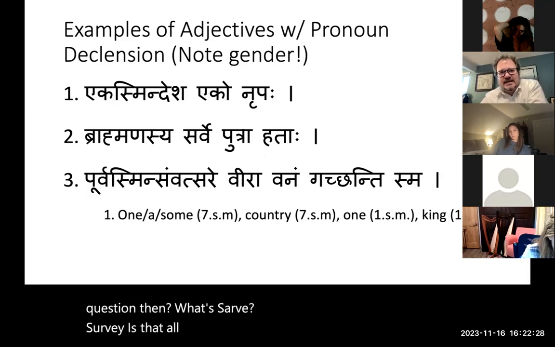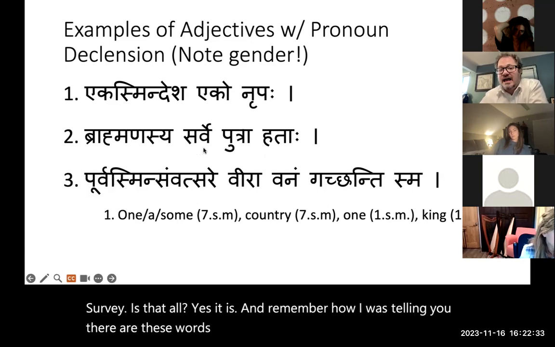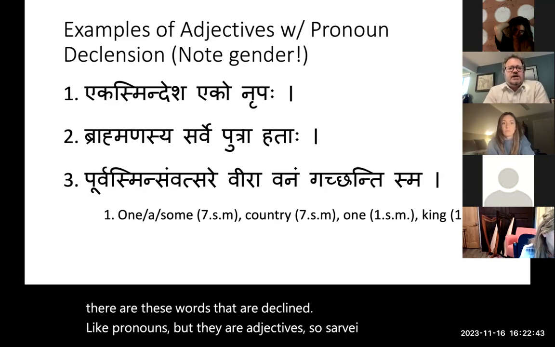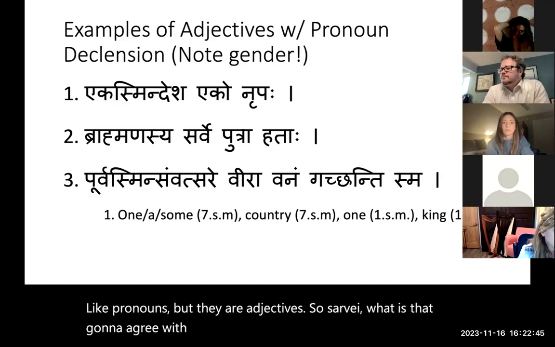Yes, it is. And remember how I was telling you there are these words that are declined like pronouns, but they are adjectives. So sarve, what is that going to agree with? The subject.